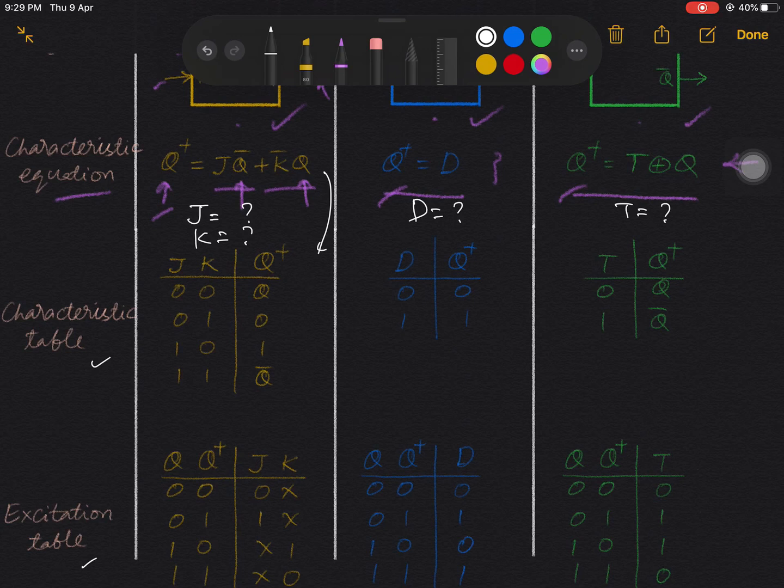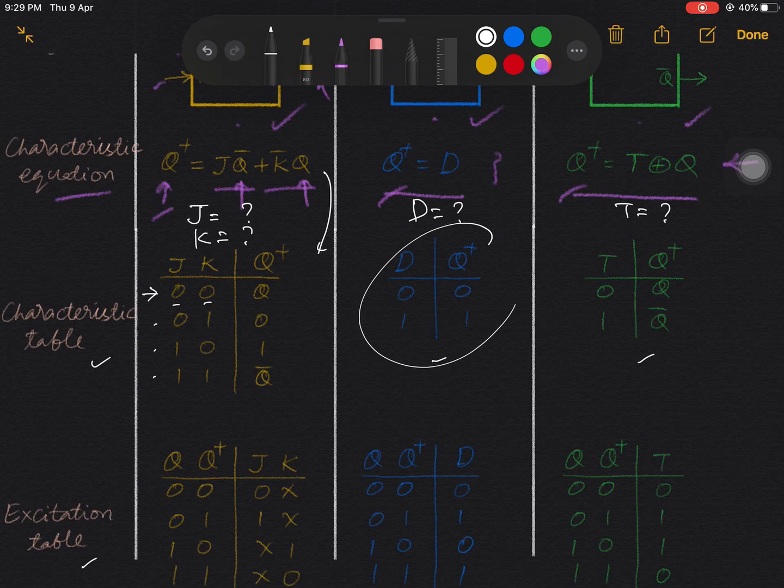For example, if you refer to the first line, it's simply like substituting J 0 and K 0 into the right hand side of the equation, and we obtain Q plus. So you can try to do it line by line to prove these values, and so with the D and T flip-flops. By the way, the D flip-flop is, as I mentioned just now, the most straightforward, so there is nothing much to do with the proof.